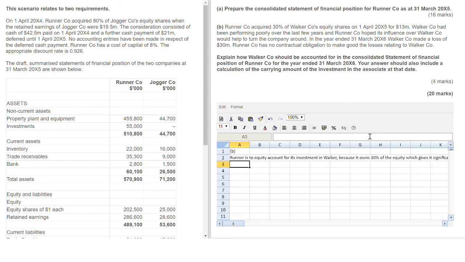If you like, you could put in the words power to participate. And then what I go on to do is explain about the equity accounting.